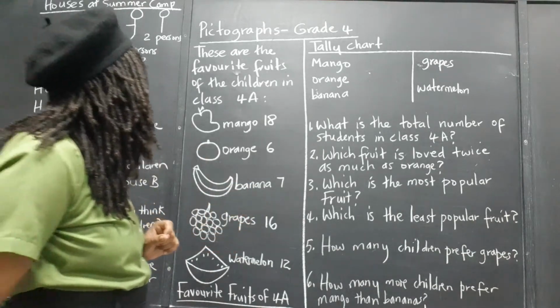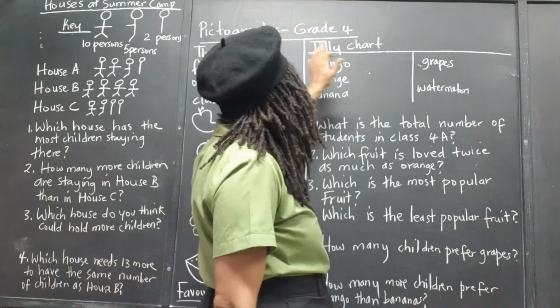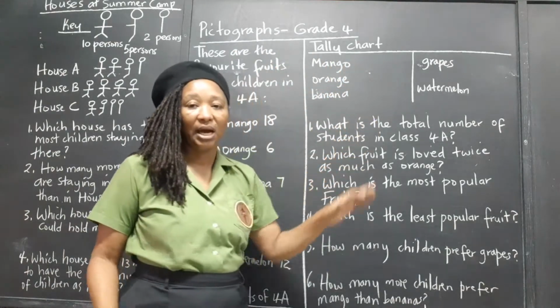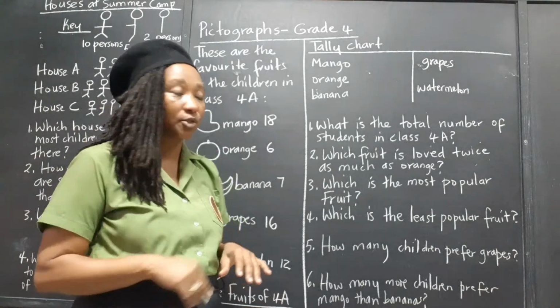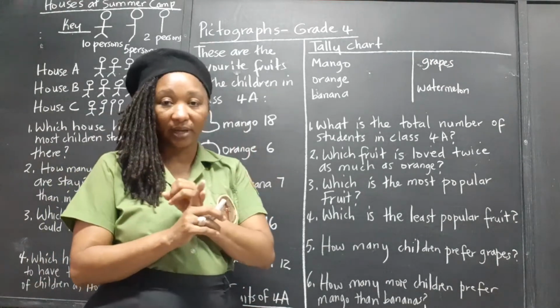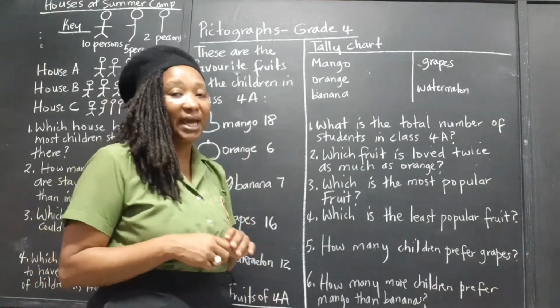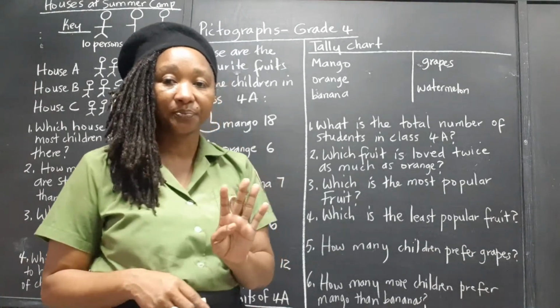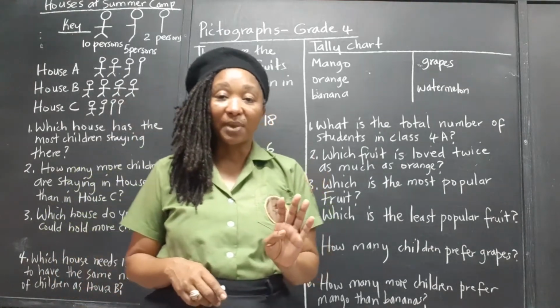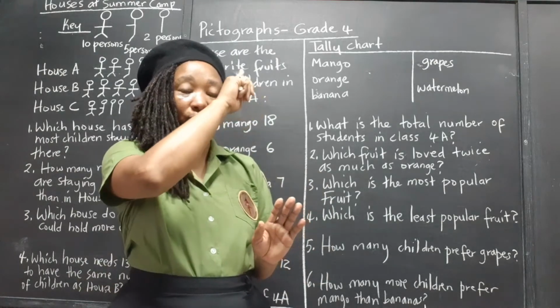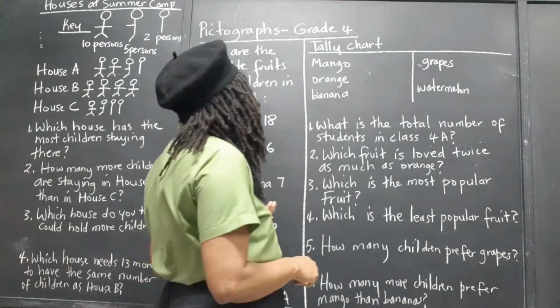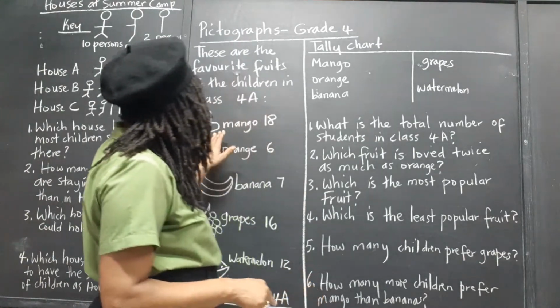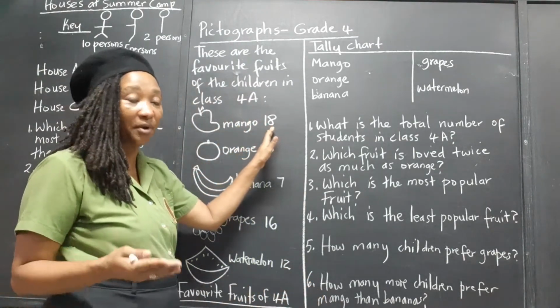Now, we're going to fill in what is called a tally chart. The tally chart is written with strokes, so one stroke for one item. When we get to 4 strokes, the next stroke to make 5, we're going to draw it diagonally. So for mango, 18 students say they prefer mango.